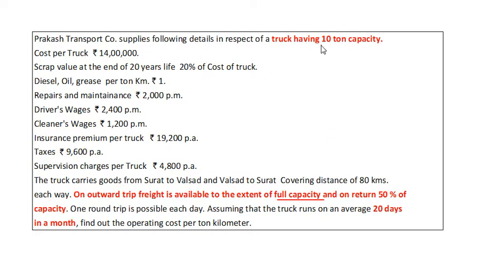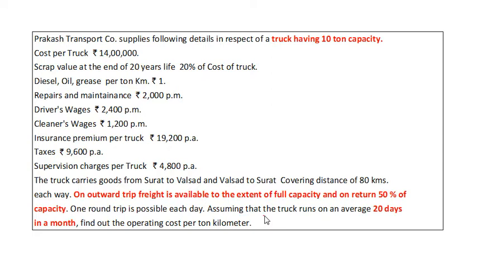Full capacity means 10 tons. And on return 50% of capacity. It means 5 tons. One round trip is possible each day. One round trip means Surat to Valsad and Valsad to Surat. Like this, one round trip is possible each day.